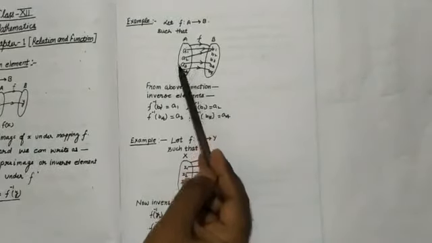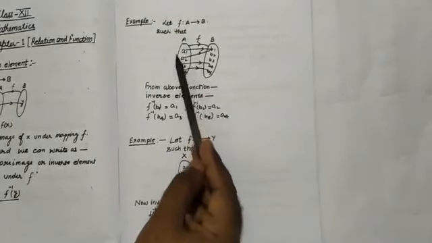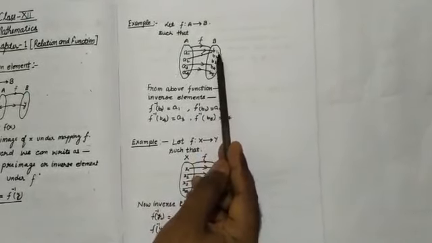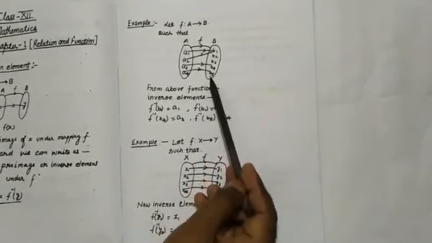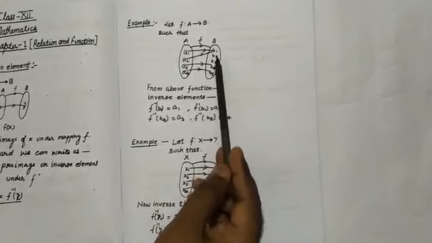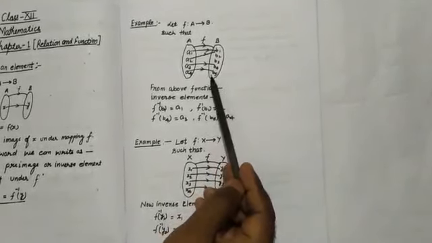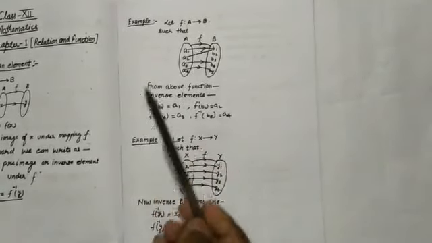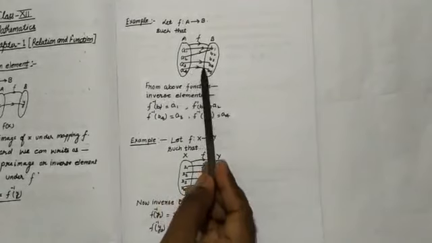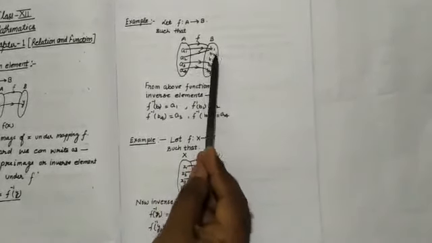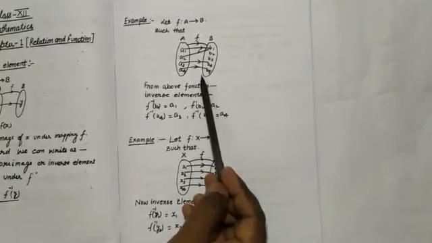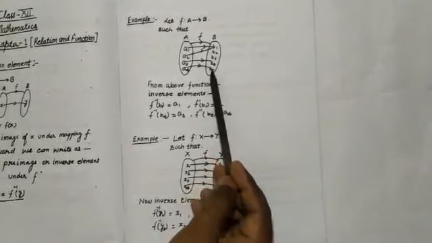These are the pre-images of the elements b1, b4 and b5. Only the elements b1, b4 and b5 are associated to elements of set A under the function f. So the range of this function will be b1, b4, b5, because the definition of range is the collection of all images b1, b4, b5.